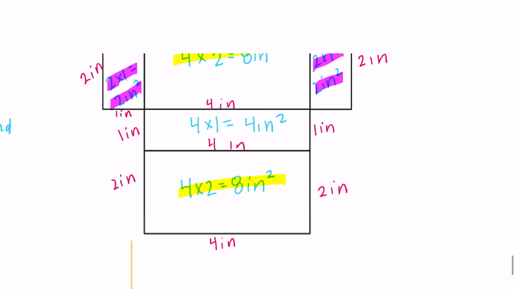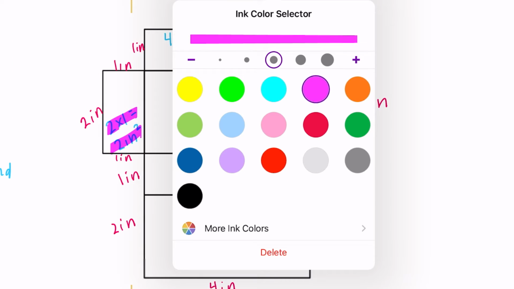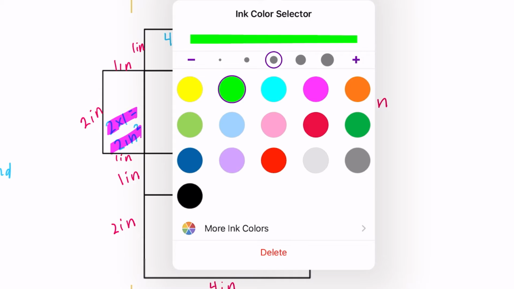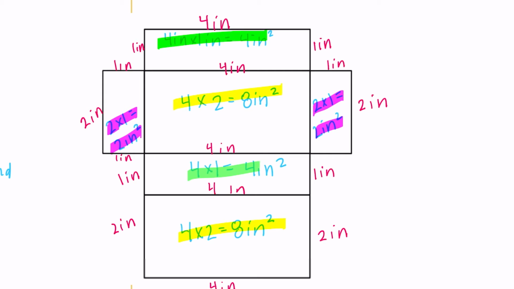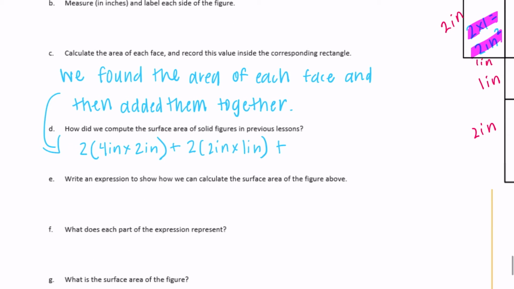Plus, we have, pick a different highlighter color. We have 2 groups of 4 inches by 1 inch. So if we multiply that out and add it all together, we would get the surface area.